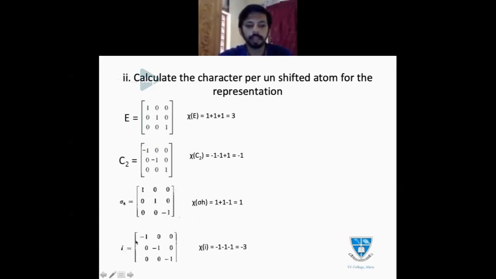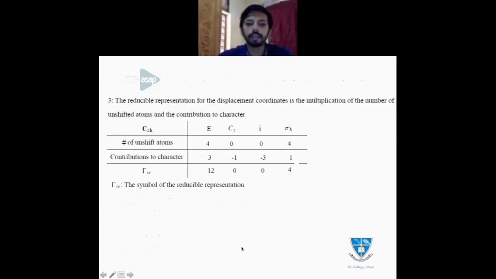The character of i is minus 1 minus 1 minus 1, which equals minus 3. So the reducible representation is 3N, that is 12, 0, 0, 4. The number of unshifted atoms is 4, 0, 0, 4, and the contributions to the character are E 3, C2 minus 1, i minus 3, sigma h 1, giving 12, 0, 0, 4.